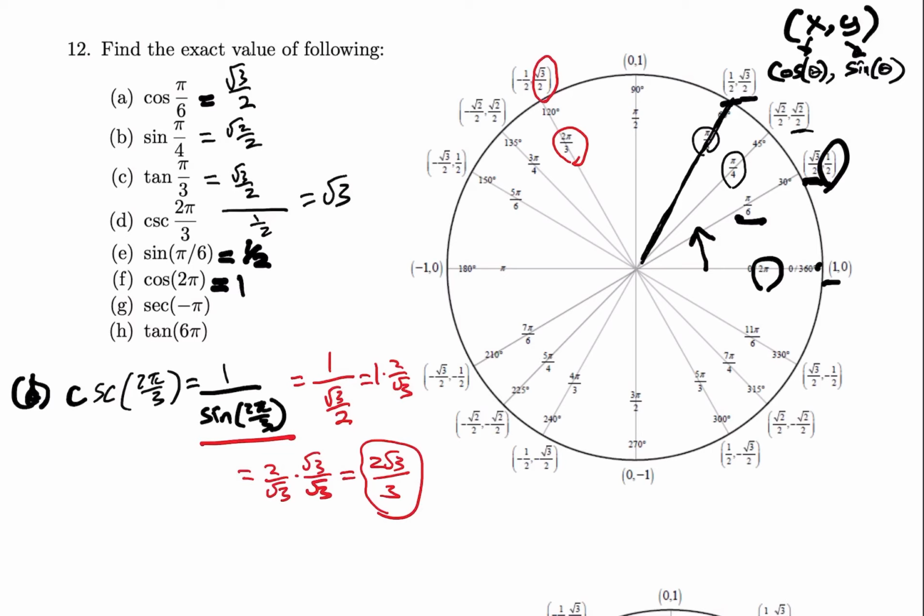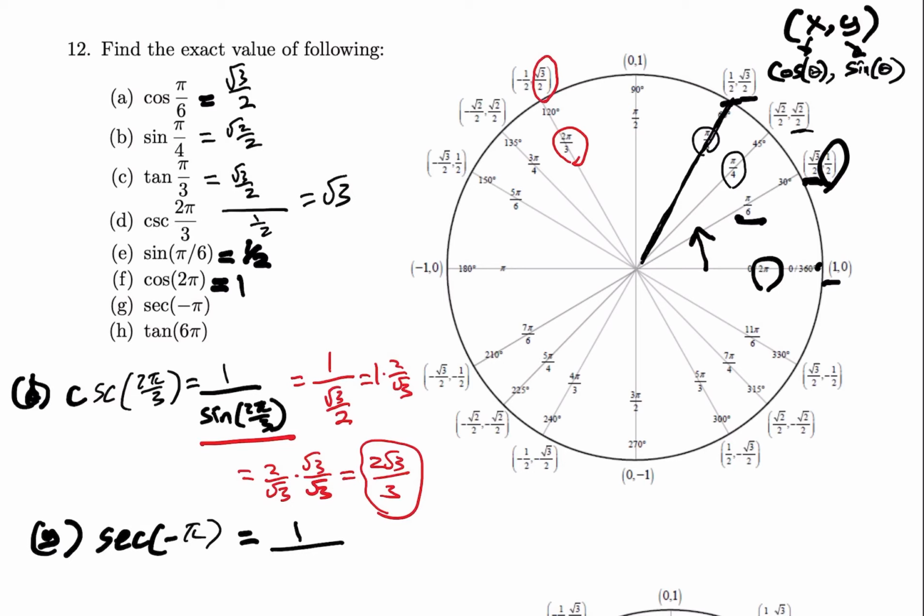Next we have negative pi, so let me do G here. First of all, rewrite in terms of sine, cosine, or tangent if we can. So secant is the same as 1 over cosine of negative pi. Now this is where, again, we really need to think of the angle as a varying quantity and how it moves along the arc of the circle.